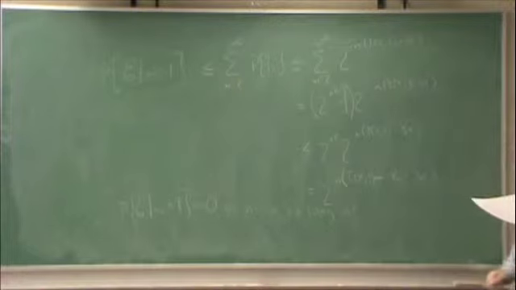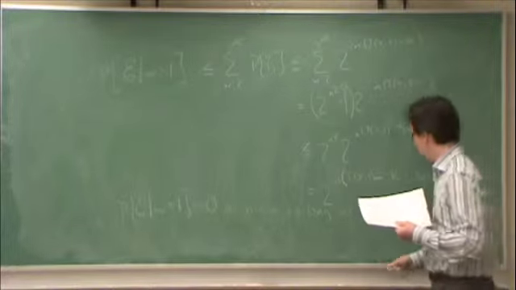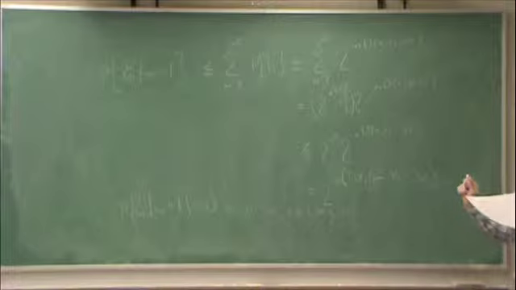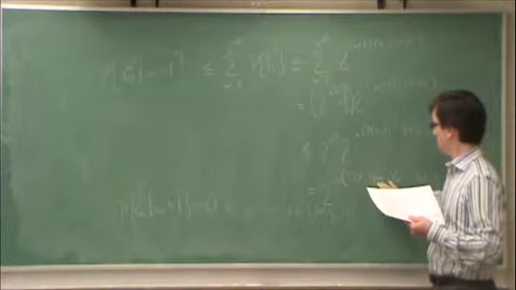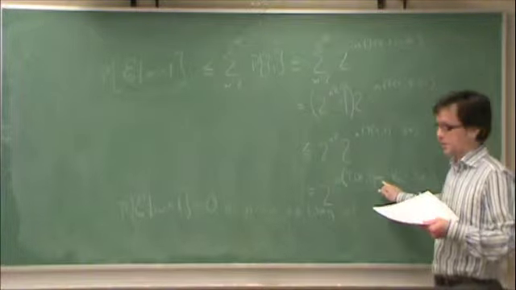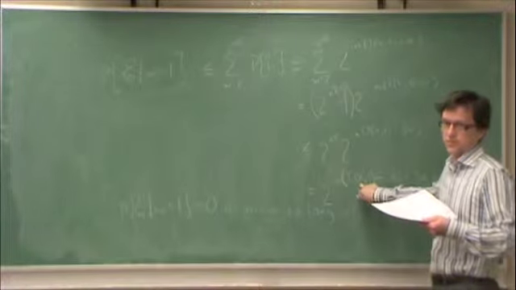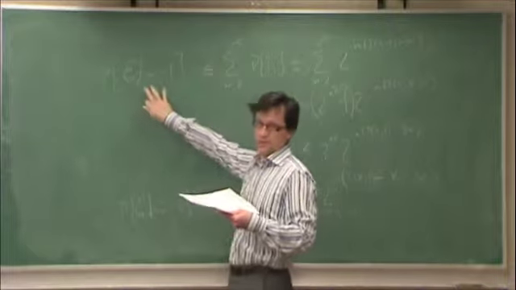So long as what? As n goes to infinity, I want this to be positive. As long as that's positive, n times a positive number will go to infinity. So 2 to the minus n times a positive number will go to 0. And that's an upper bound on this probability.